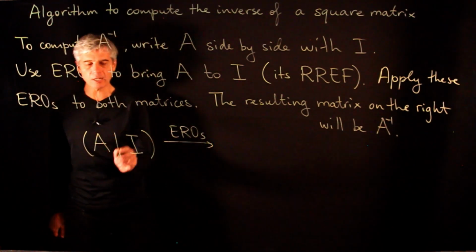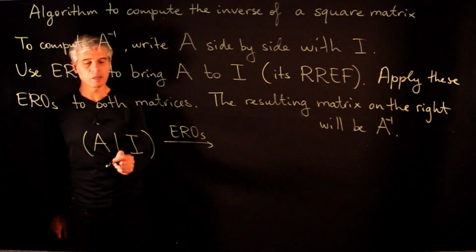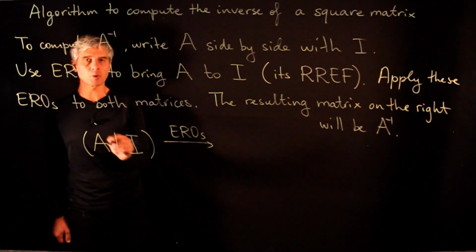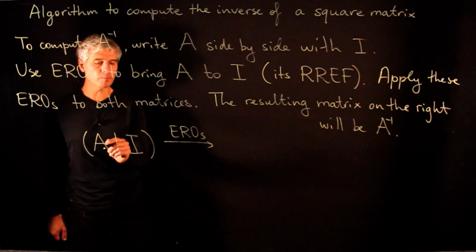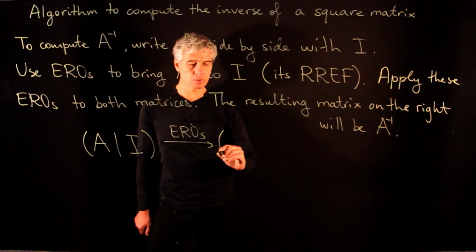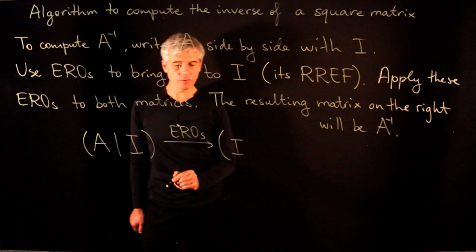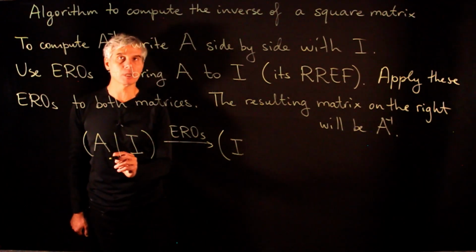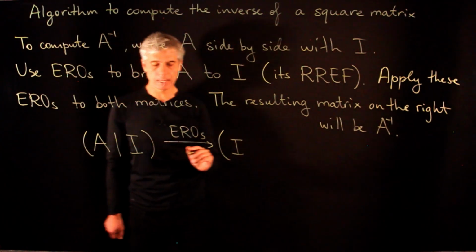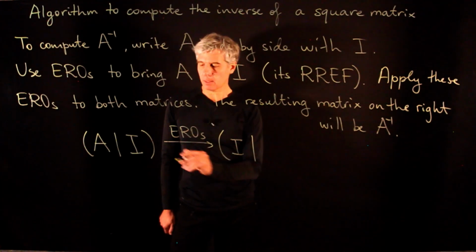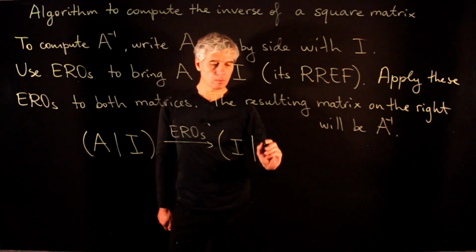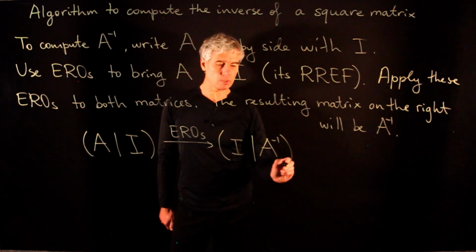So we do row reduction for matrix A that brings A to its reduced row echelon form. And so the reduced row echelon form of A is going to be the identity matrix if A is invertible. And once this happens, then on the right, we are going to get A inverse.